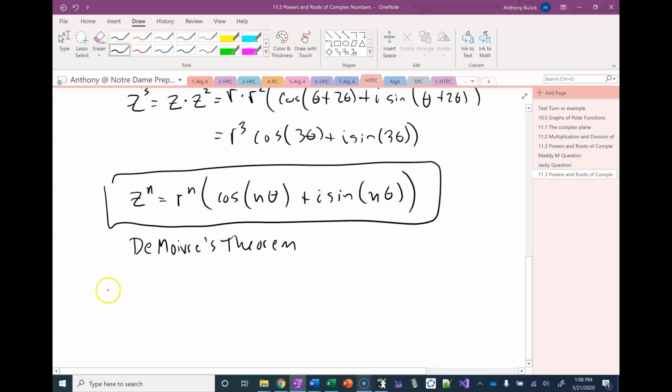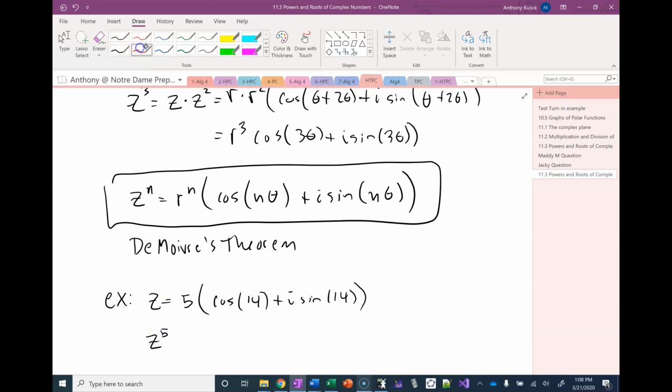So let's do a quick example. Let's say we have the complex number z, which we know the trigonometric form for. It's 5 times cosine of 14 plus i times sine 14. And what we're going to do is find z to the 5th.